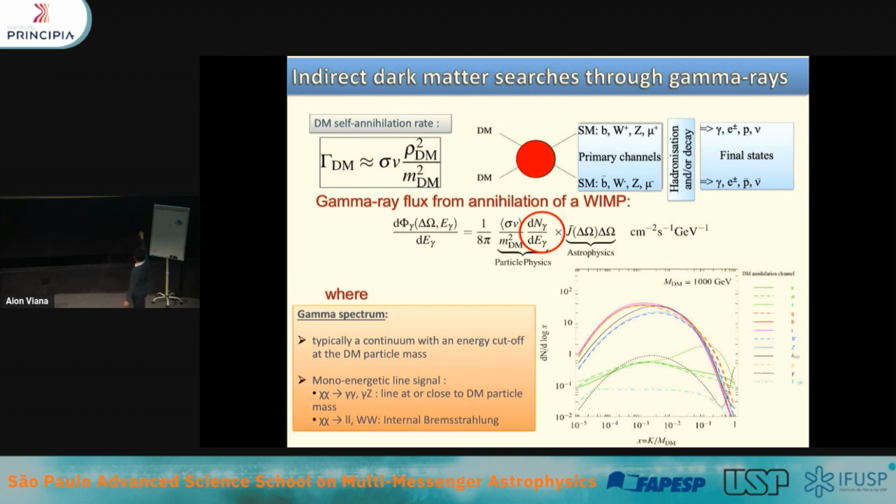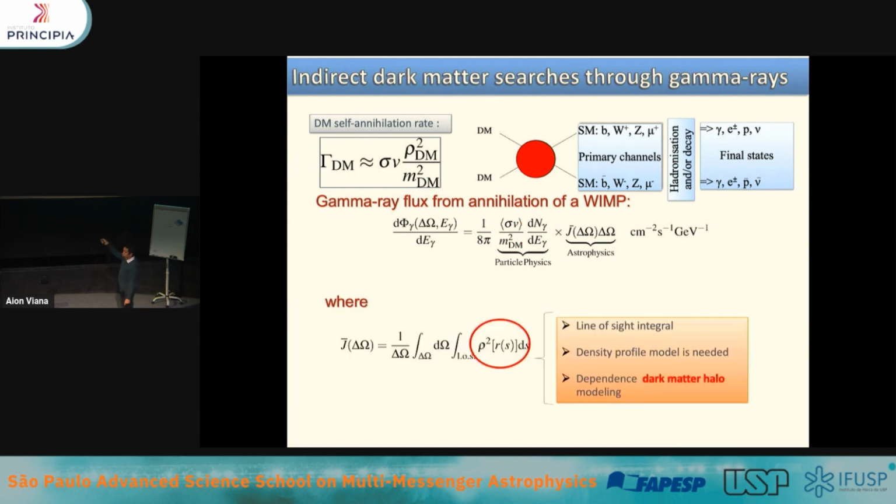In some cases we might have features close to the dark matter particle mass, which are lines or bumps. These are very interesting features because they are smoking gun features in a spectrum: if you detect a line in the GeV-TeV range, there's no other way of explaining it other than the decay or annihilation of a heavy particle. That's it.